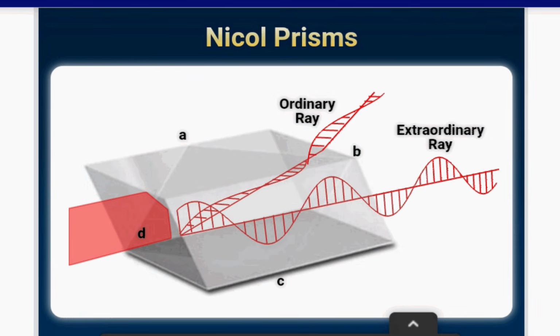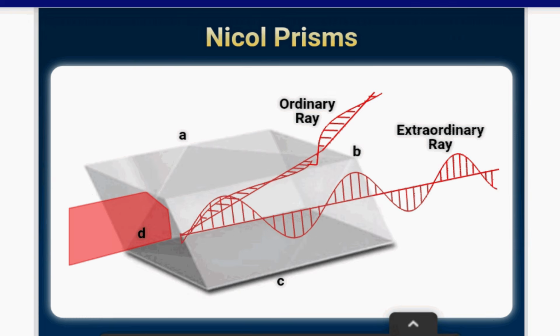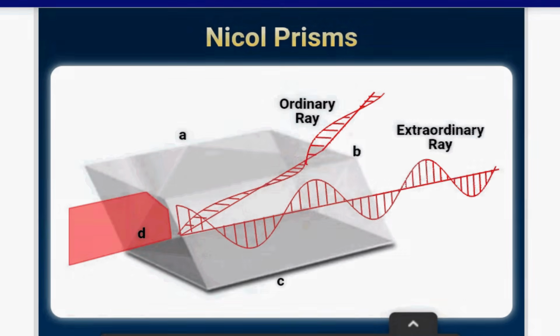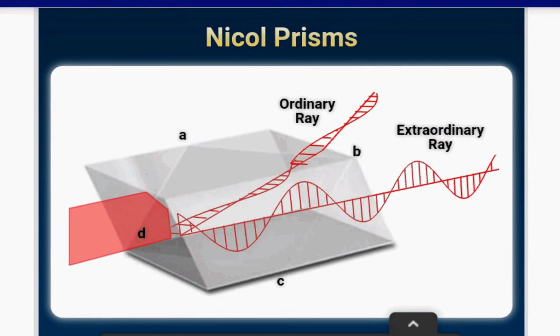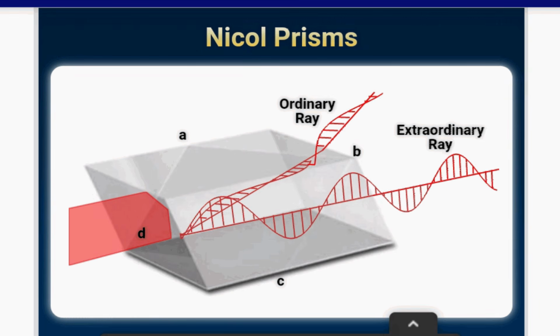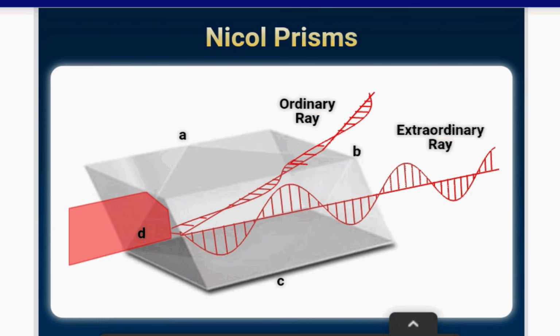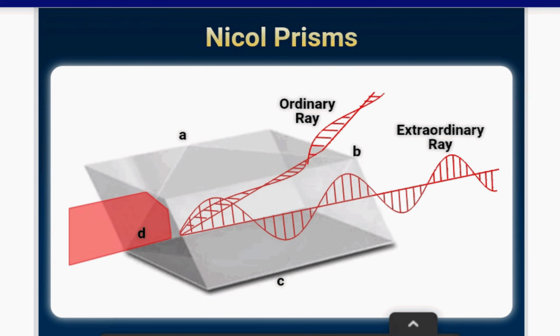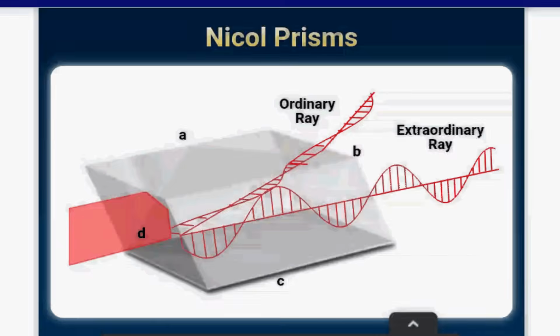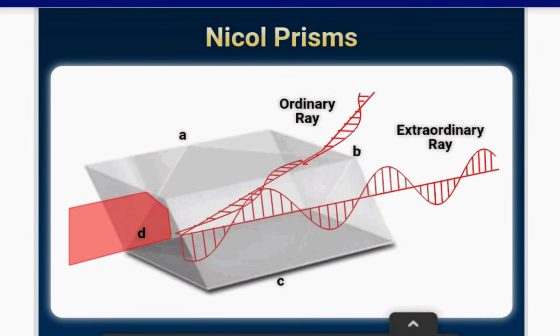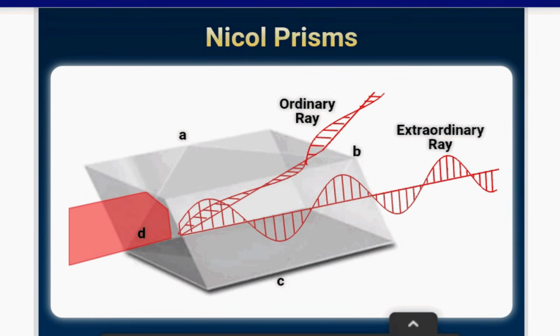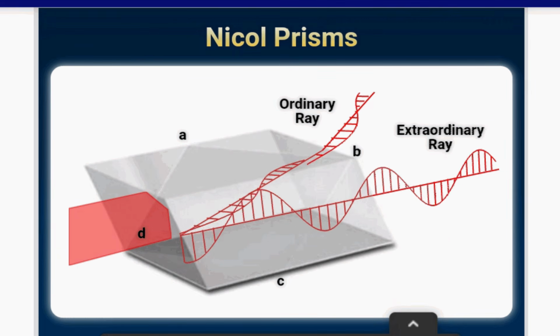Now we see the animation of the Nicol's prism. Here we have ABCD, that is the Canada balsam layer, which is placed in between the calcite crystals. When we put an ordinary light into Nicol's prism, it splits into two rays. One is the ordinary ray and the other is the extraordinary ray.